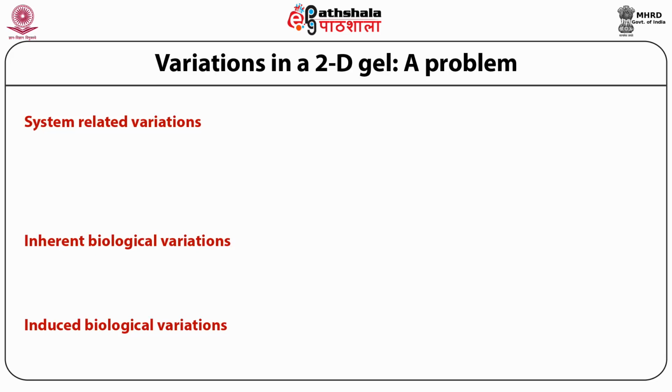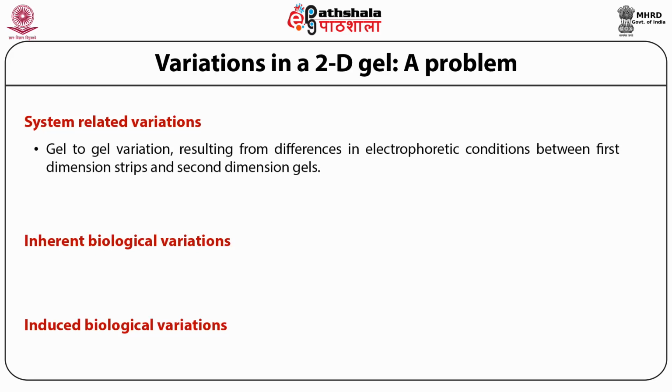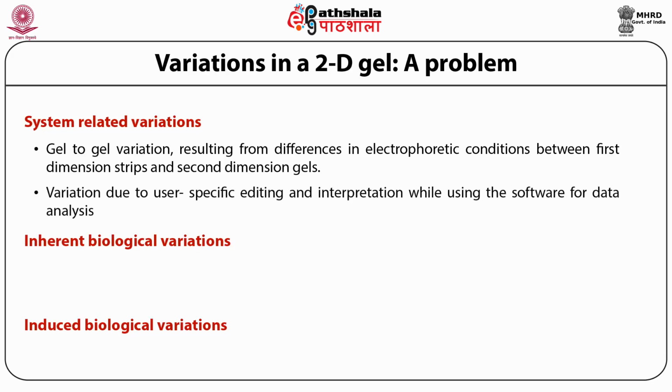System-related variations: these variations that occur from gel to gel are either researcher induced in terms of pipetting, could be because of different conditions of isoelectric focusing and the 2D electrophoretic technique, or could also be due to certain types of editing and interpretation while using sophisticated software at the time of data analysis.